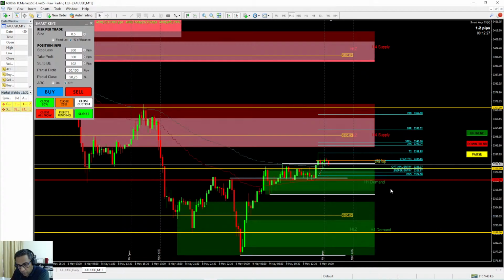That's where you want to manage risk if you take buys. 3322, right? So you're not having a 120 pip stop loss, obviously. If you get in here, you're having about a 40, 50 pip stop loss.